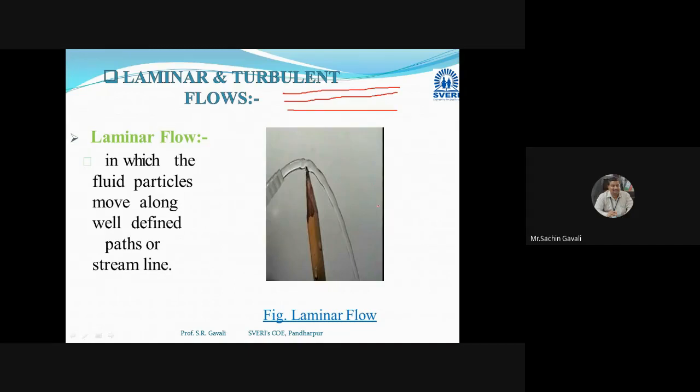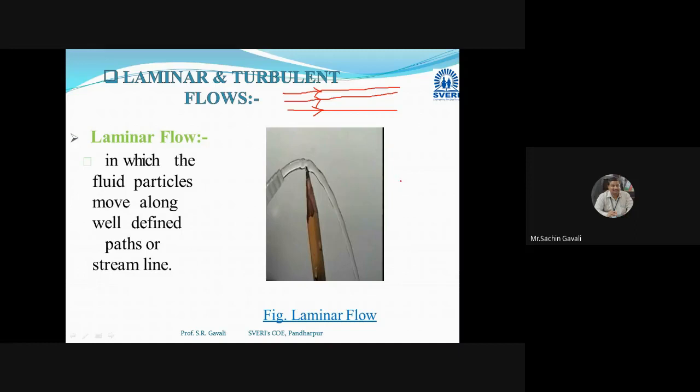Now, if these layers of fluid particles are moving parallel with each other and straight, with some well-defined path, well-defined manner, that type of flow is called what?